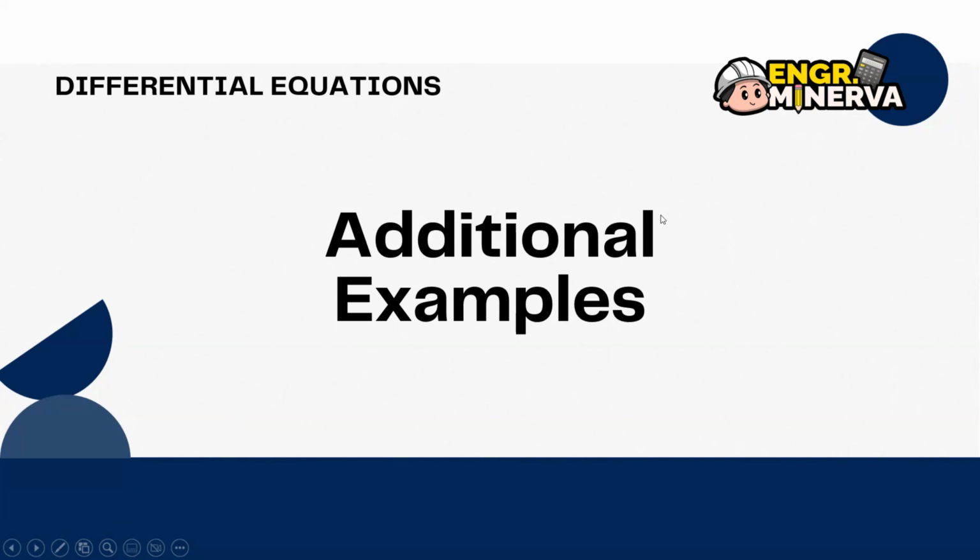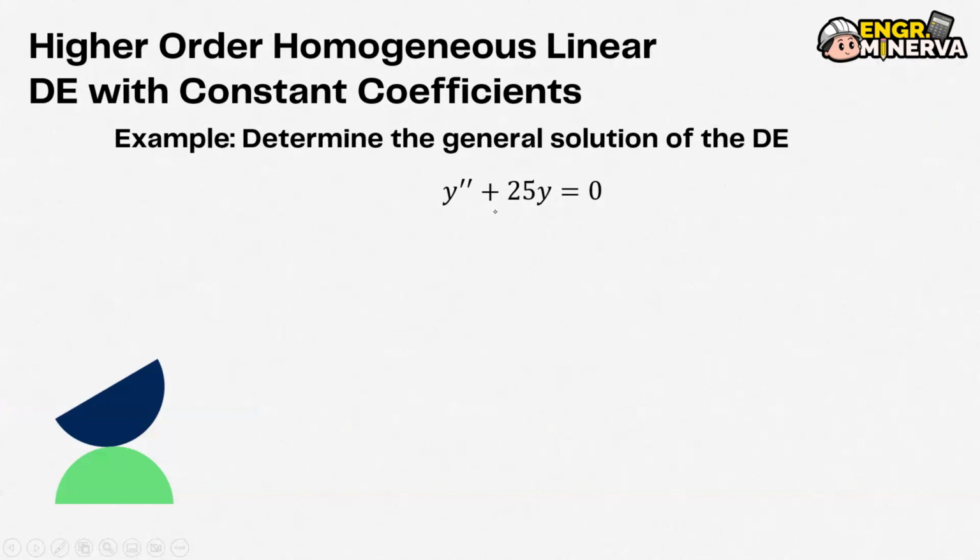What if we have this? We have r squared plus 25 equals 0. So the value of a is 1, because that is the coefficient of the squared variable. The value of b is, there is no r in the equation, so b is 0.